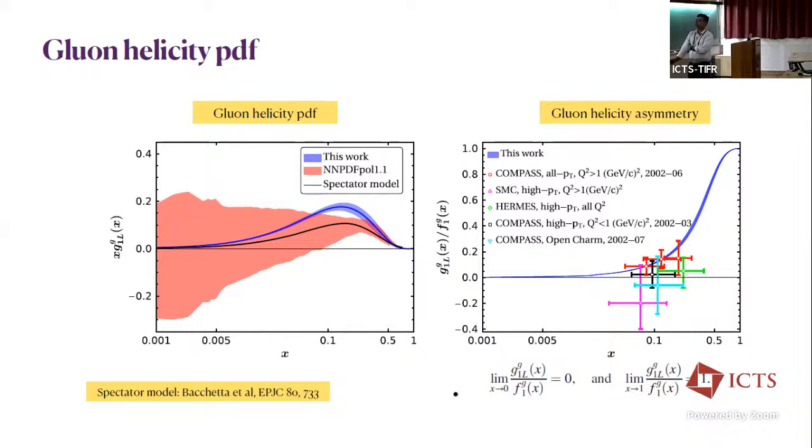But if you just see these different experimental measurements of this ratio, G1L versus F1, then this data is concentrated mainly in a very small region of x. So it is in that ballpark, but to pinpoint that is very difficult.